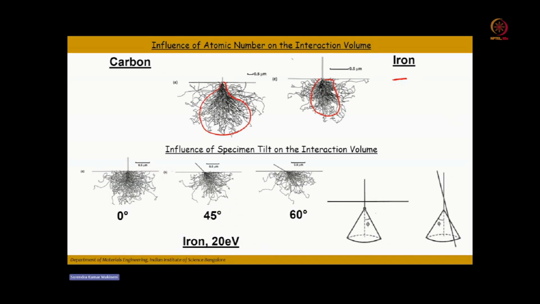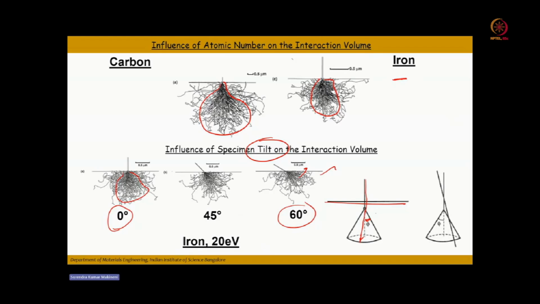And also, as I told you, specimen tilt. This depends upon your angle phi, the angle between the incident beam and the sample surface. At 0 degrees you can see the interaction volume, while at 60 degrees the escaping tendency of these electrons from the sample surface increases significantly.